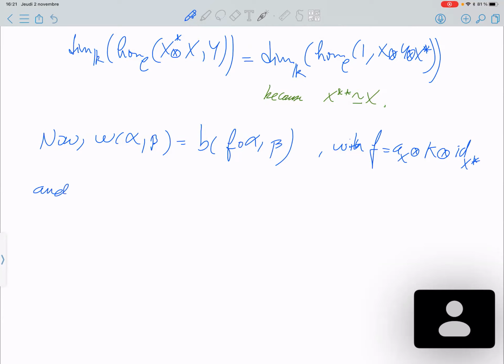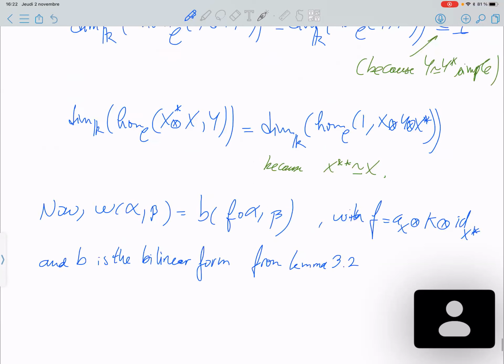And as I said, B is the bilinear map, the bilinear form here from, oh, okay, 3.2.